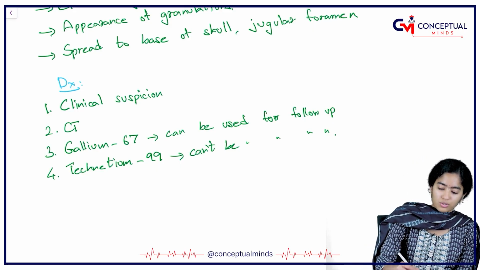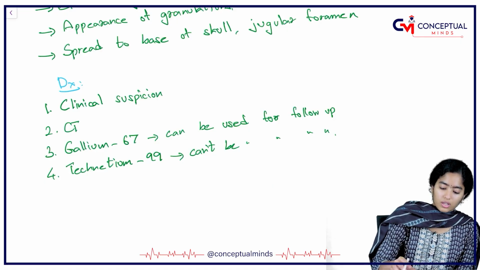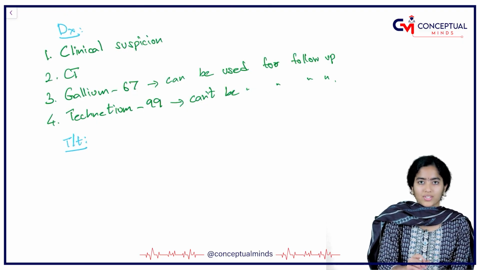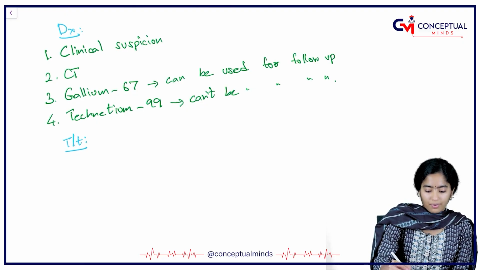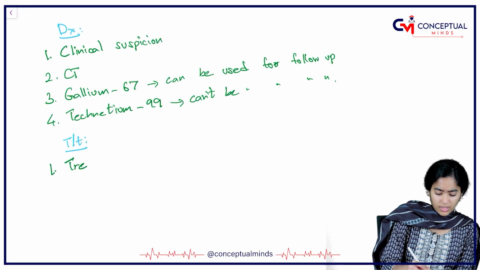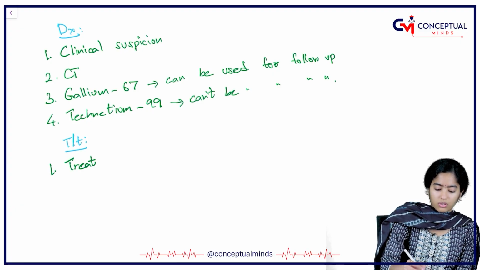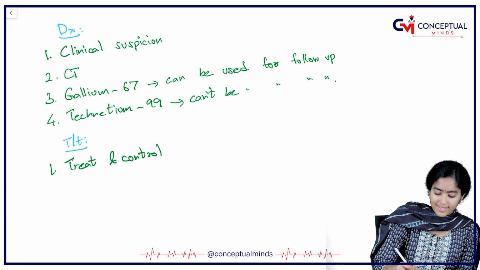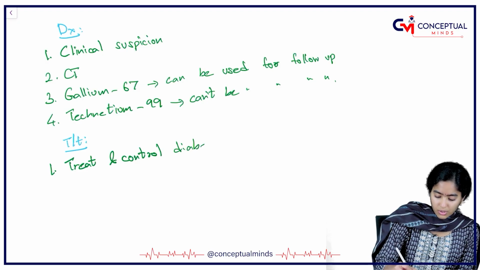Now, how do we treat this condition? The disease has mainly occurred because of the immunocompromised nature of the patient, and so we have to address that very importantly. Mostly it occurs in diabetics, so treat and control sugar levels, control diabetes.